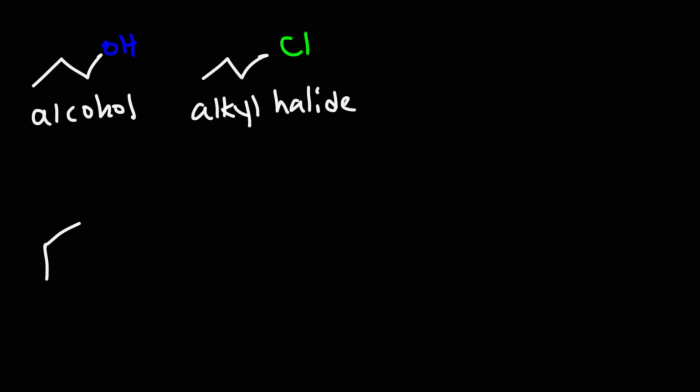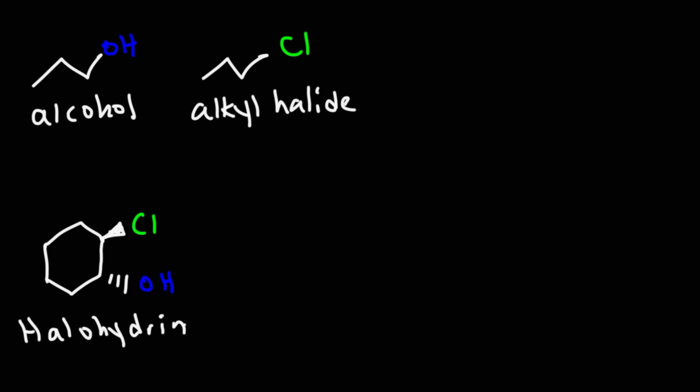Now what happens if we combine those two groups into one? Let's say we have a chlorine atom and a hydroxyl group adjacent to each other. So this particular molecule has a special name. It's called a halohydrin. It's when you have an alcohol and an alkyl halide right next to each other.